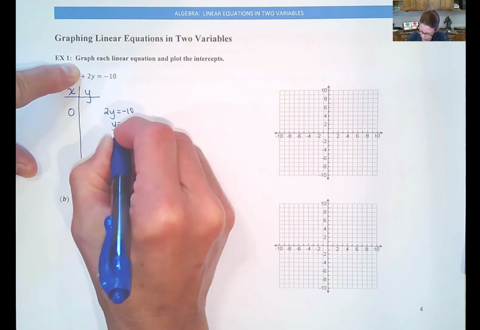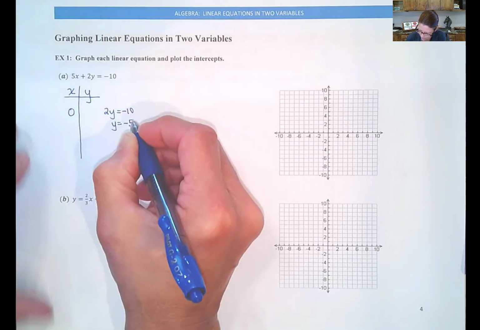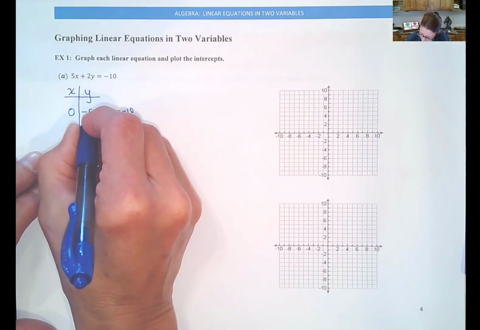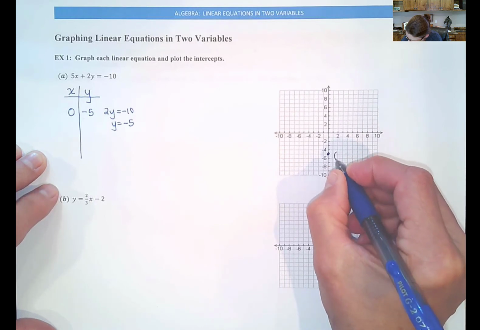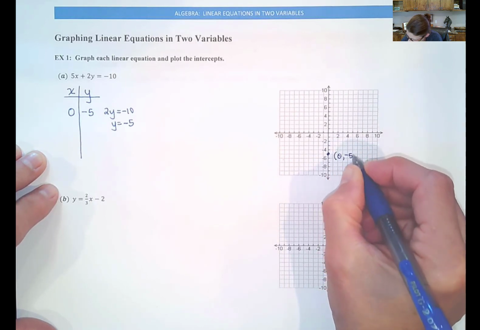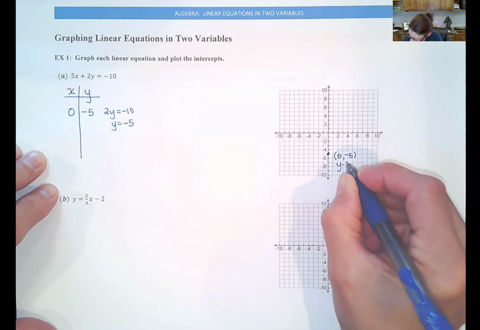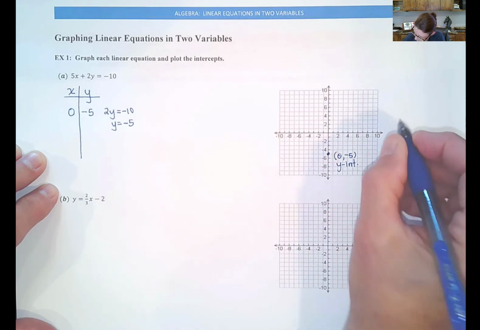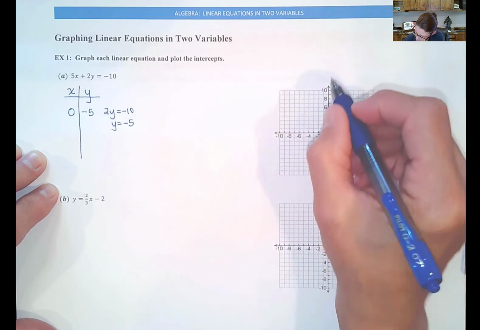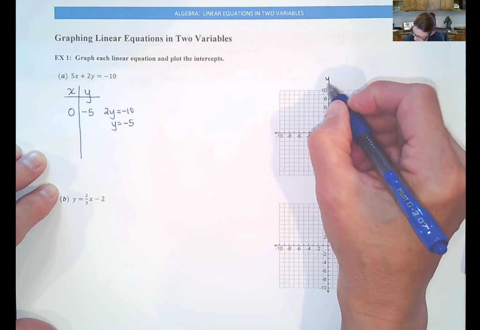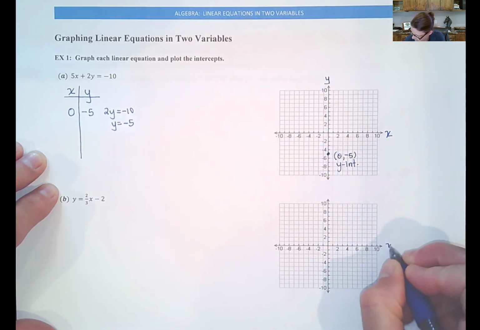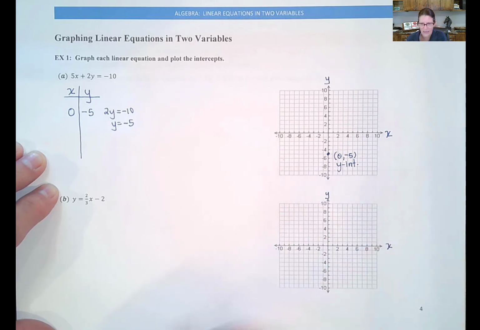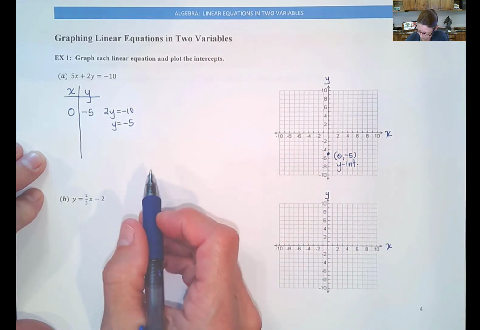Dividing by 2, we have y equals negative 5. (0, negative 5) is the y-intercept. And always in your Cartesian coordinate system, x is your horizontal axis, y the vertical axis, so label those accordingly.